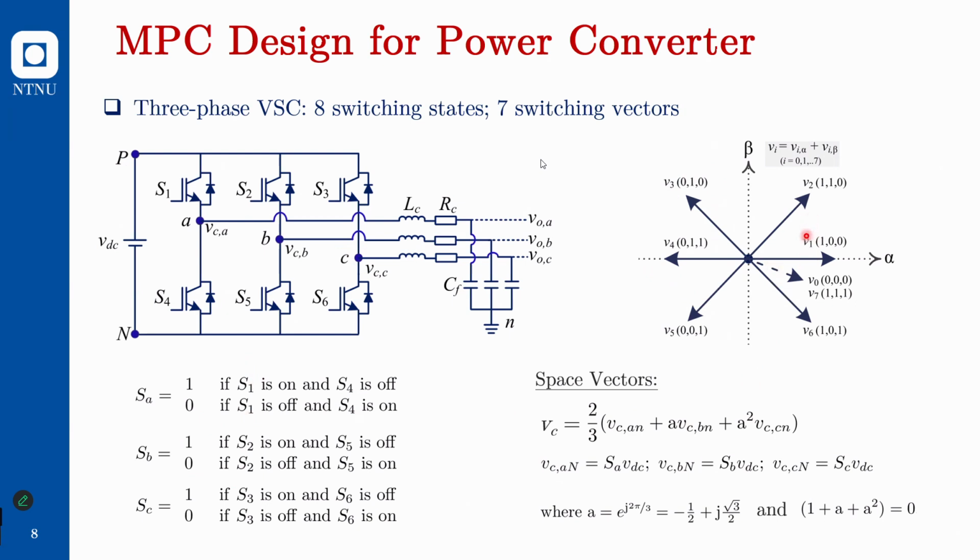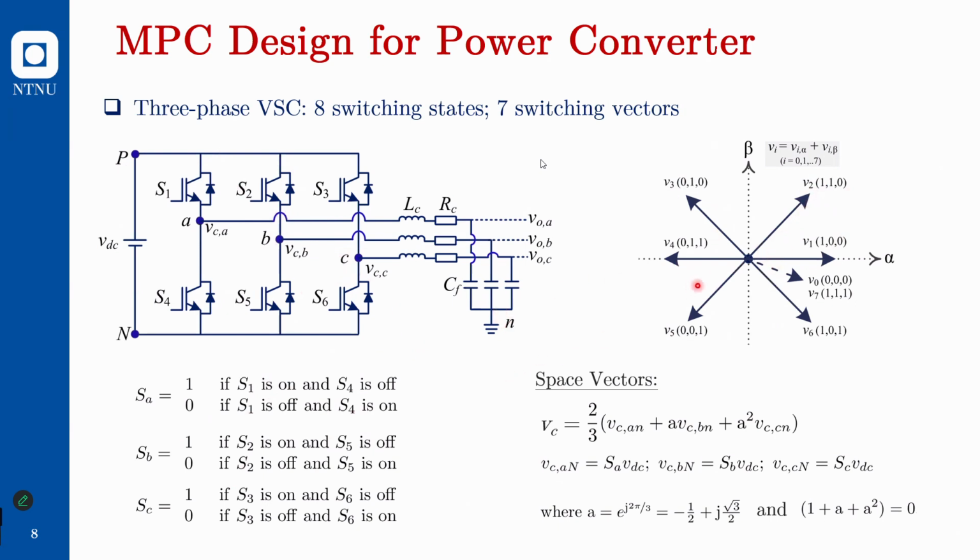If we see it here, let's consider this vector V2, which is 110. That means SA is 1, SB is 1, and SC is 0, which means the S1 switch, S2 switch, and S6, these three are conducting to produce your output converter voltage. So that's how these two are related.